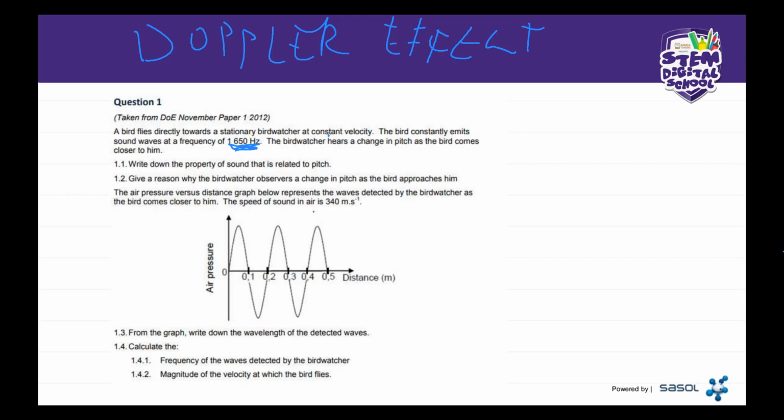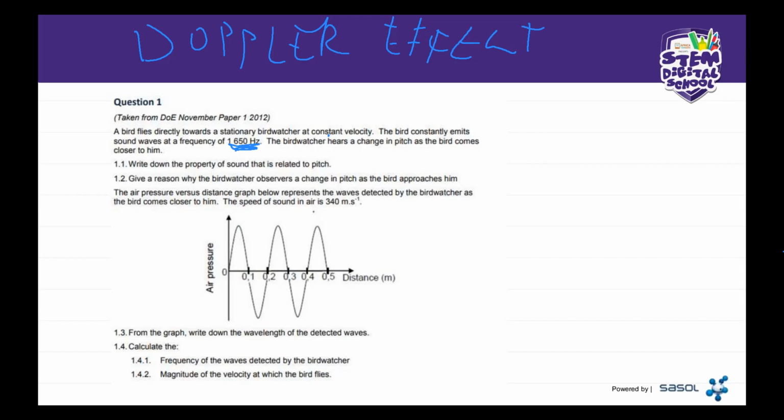When we talk about pitch, we're talking about the frequency, because the pitch is a frequency. This is a high frequency. This is a low frequency. So the frequencies differ accordingly. It's just a simple one mark question. They want to know the property of sound that is related to pitch, and that is the frequency.